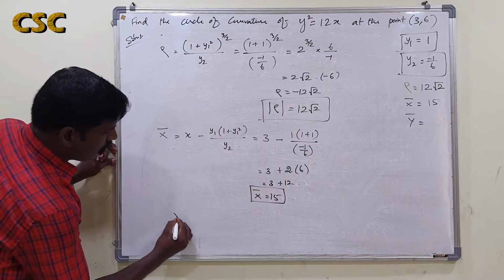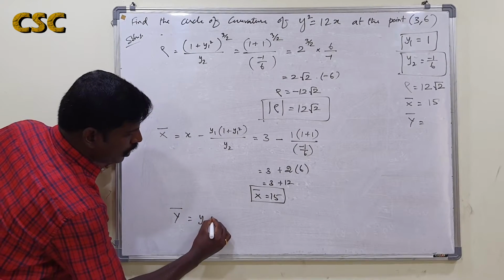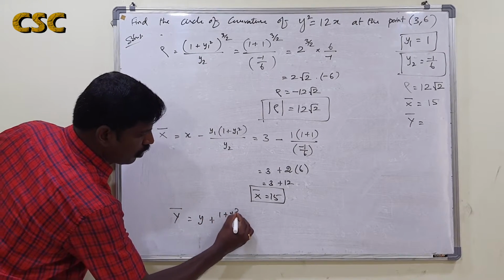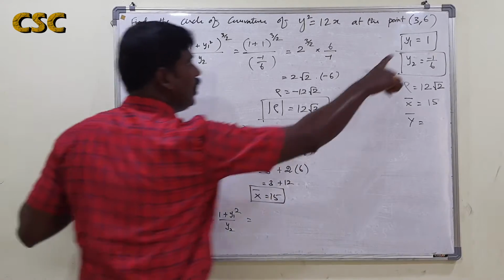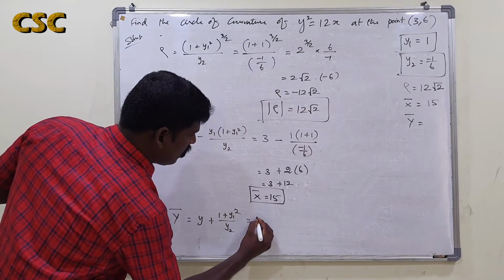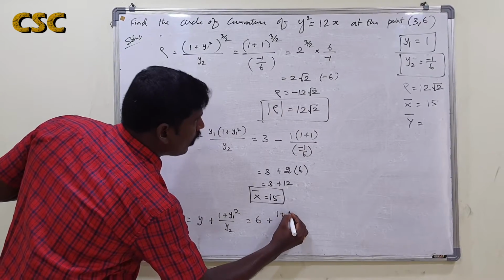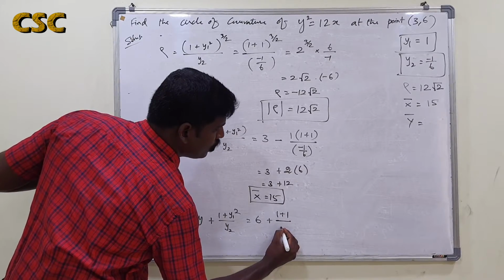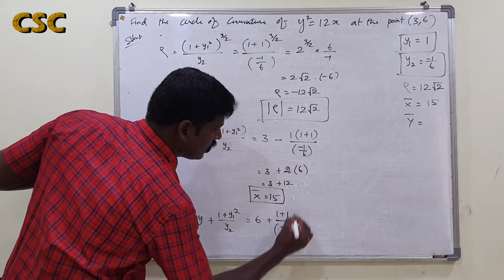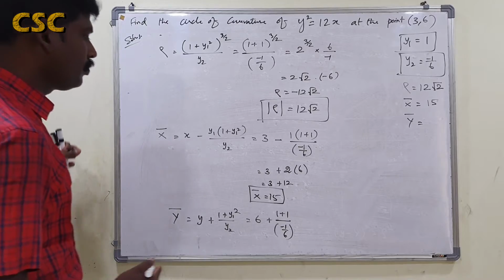And then what is the value of y bar? y plus 1 plus y1 square by y2. That is equal to y, and the value of y at the point is 6. So 6 plus 1 plus y1 square. What is y1? 1 square is 1, by y2 which is minus 1 by 6. Right?